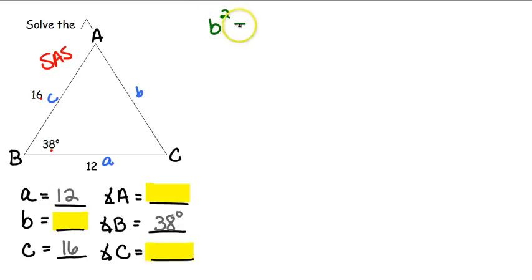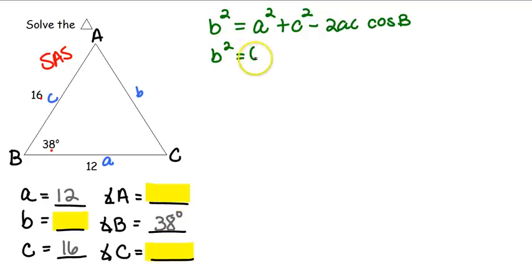So I'm going to have B squared equals A squared plus C squared minus 2 times AC cosine of B. And I used B again because that was the only one that I had the angle for. So I fill in what I know. I don't know my B squared, but I know my A is 12. I know my C is 16.